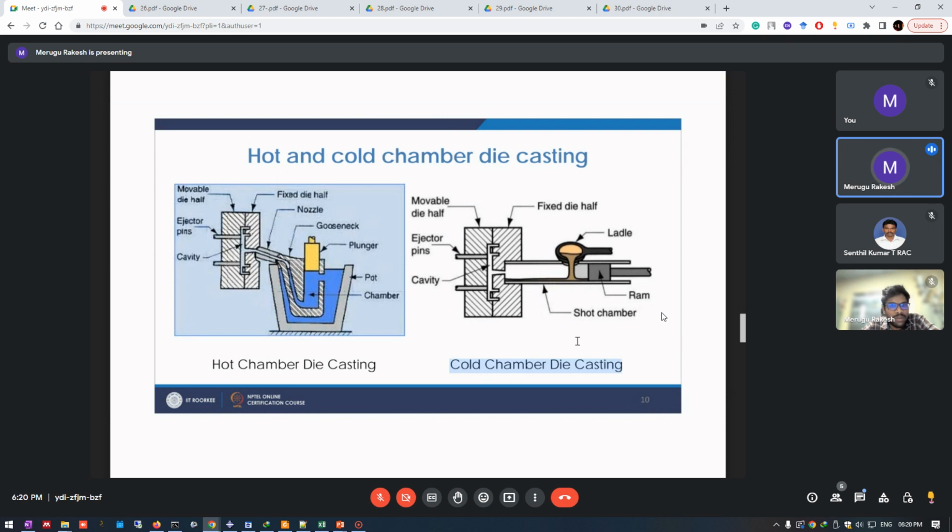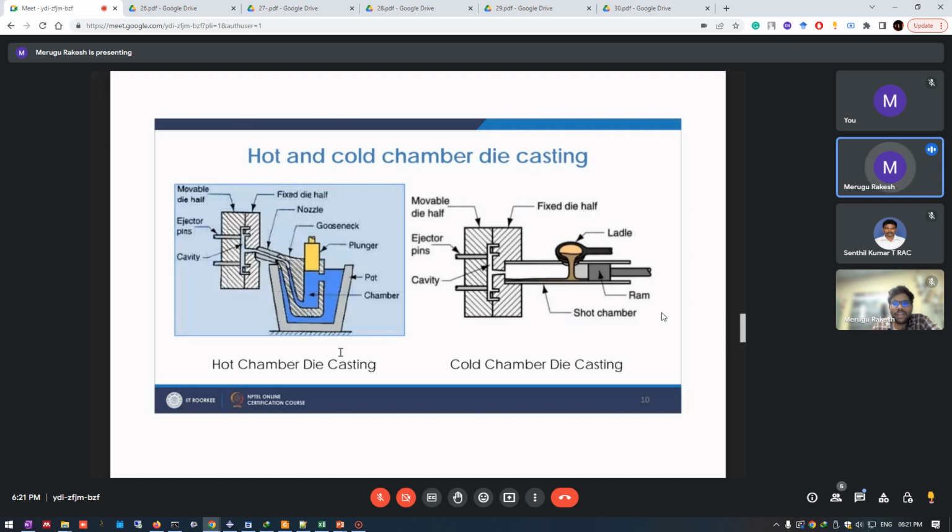But in hot chamber die casting, the superheat required is less, because there is no extra time to bring the metal from the furnace to the mold itself. So that is avoided. Hot chamber die casting we generally use for low melting point alloys, which would otherwise solidify prior to entering the mold. That can be avoided in hot chamber.